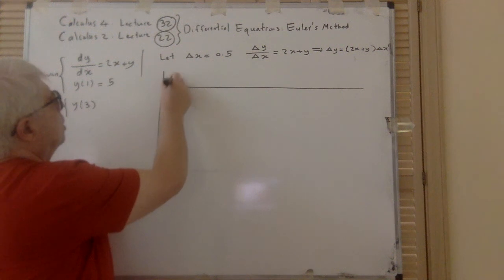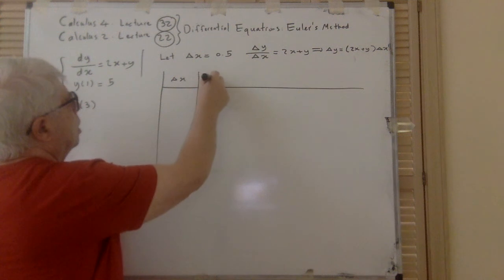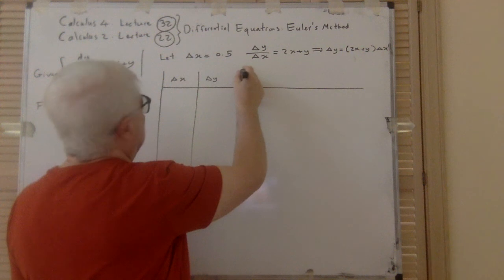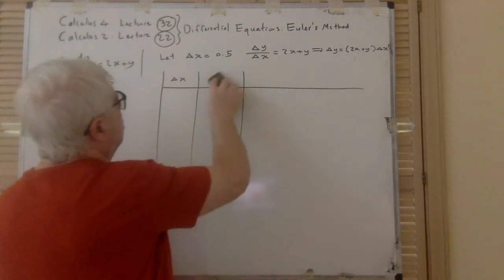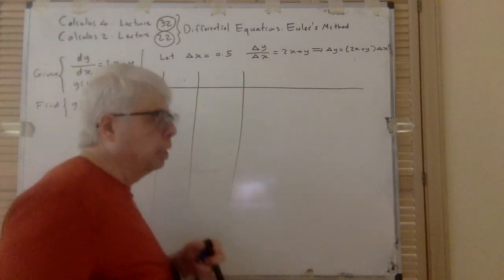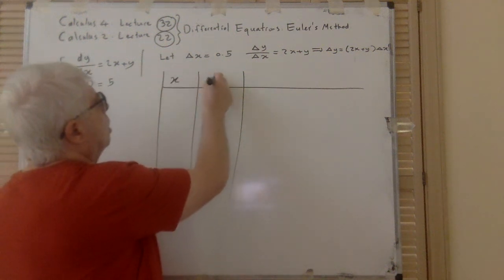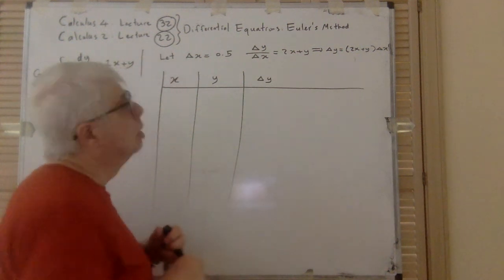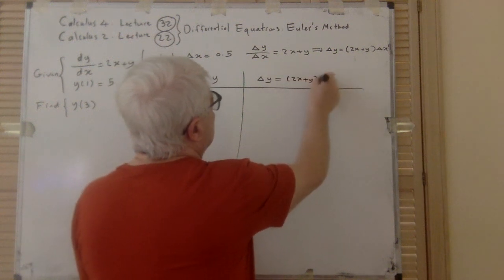So I have x, delta x, and this is y, and this is delta y. Now delta y is given over there, that is 2x plus y times delta x.